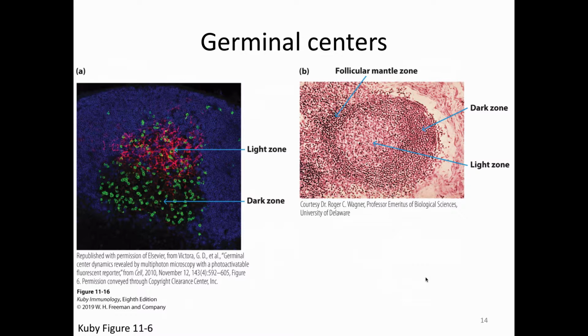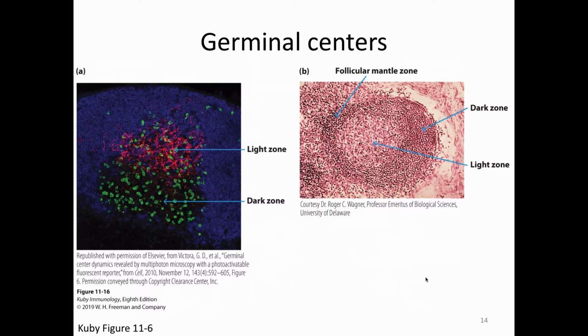Yeah, they were proliferating. They were dividing. We were getting cell proliferation there. We were getting cell division. And in fact, that's what's going on in the dark zone too, is that we're getting lots of proliferation. It's the same kind of concept.